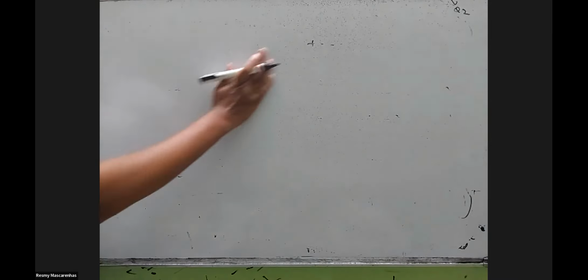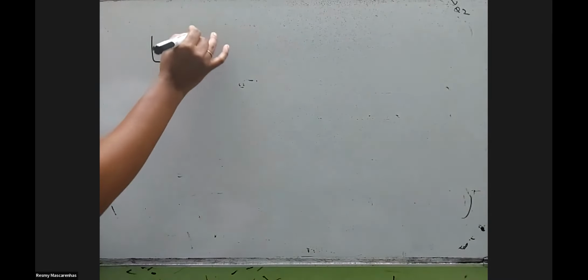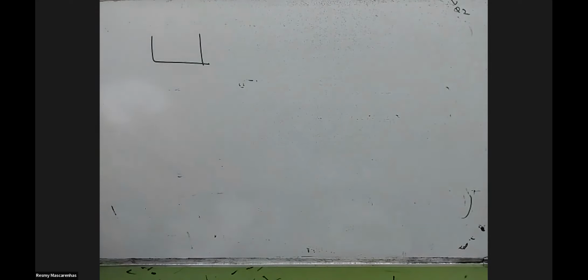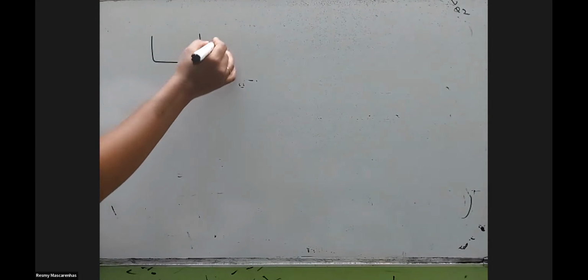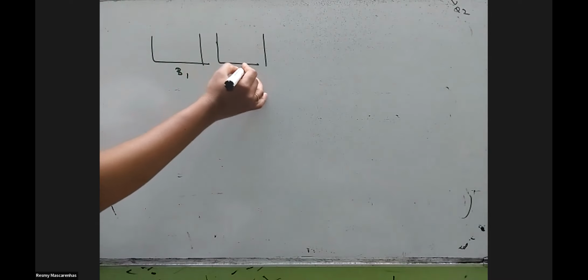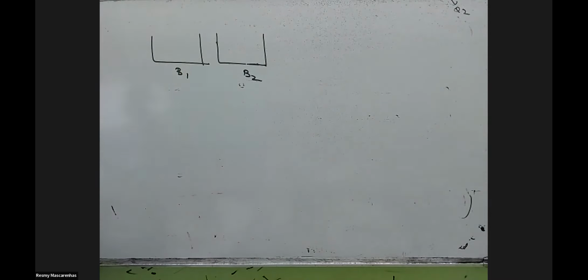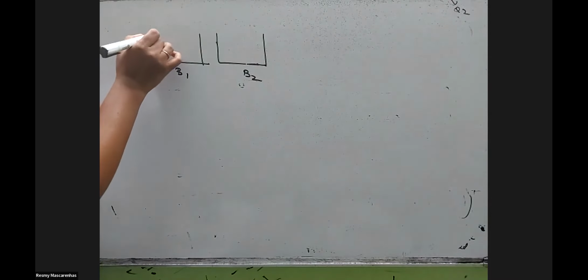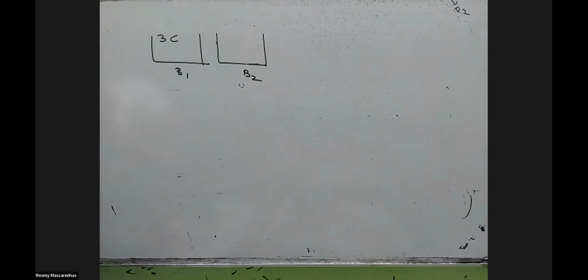So first thing is you have to frame this diagram. Diagram is for your reference. Just always read out the question. The question I'm just reading and simultaneously doing. What you're saying is there are 2 bags, B1 and B2. Bag 1 contains 3 copper coins, 2 silver coins.